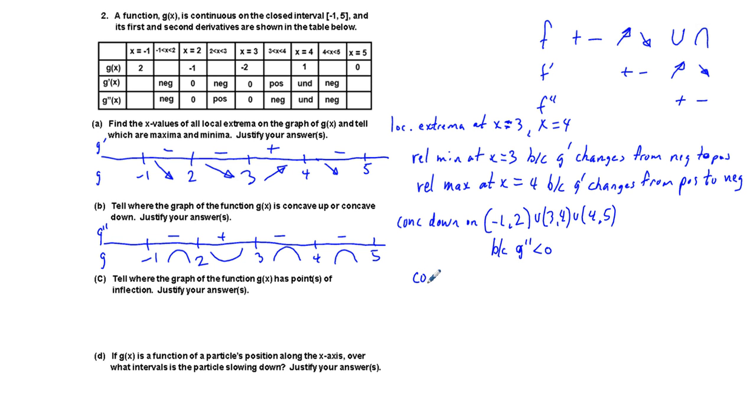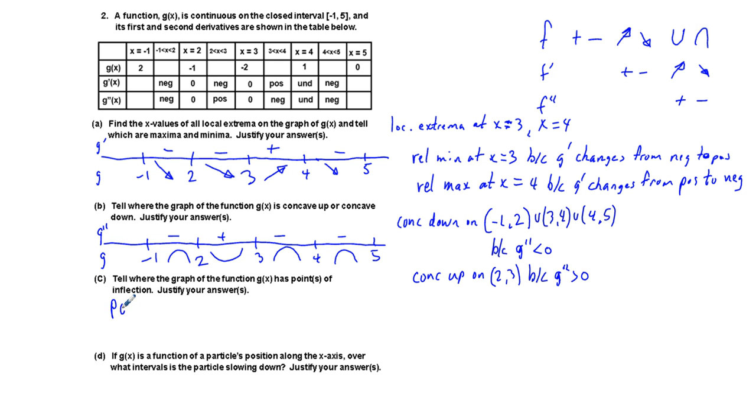We have concave up on only one interval, 2 to 3, because g double prime is greater than 0. And then tell where the graph of the function g of x has points of inflection. We have points of inflection where concavity changes from either negative to positive or positive to negative, and that occurs twice.